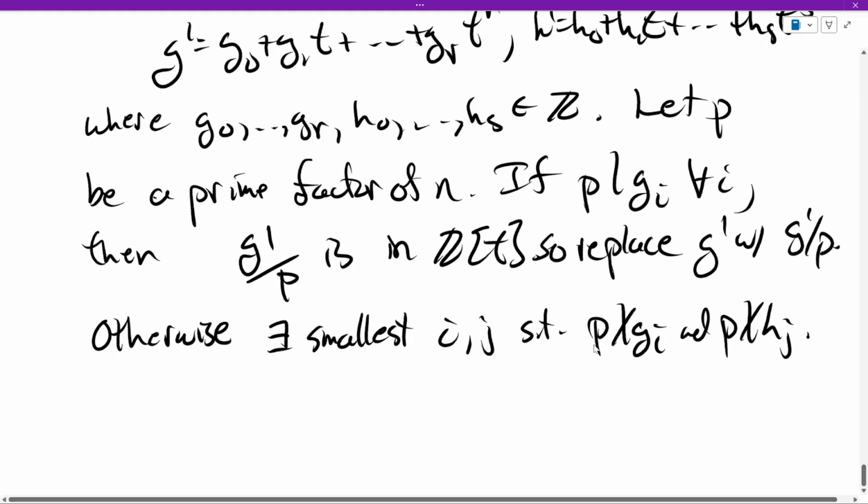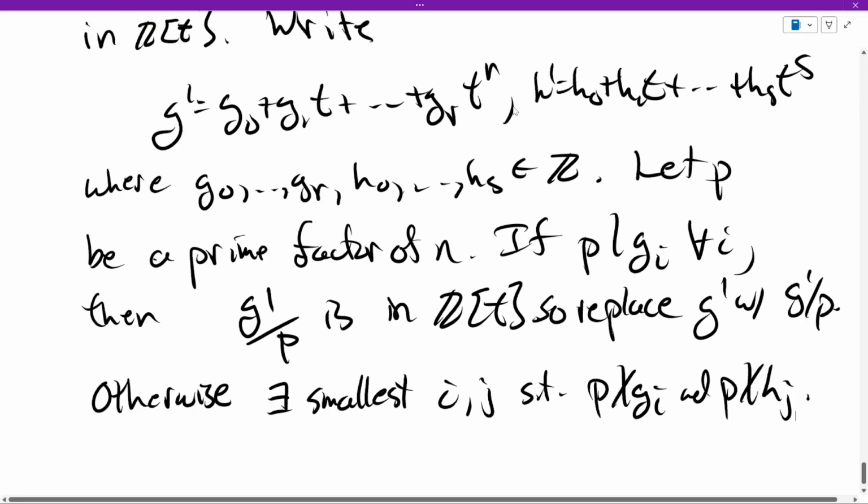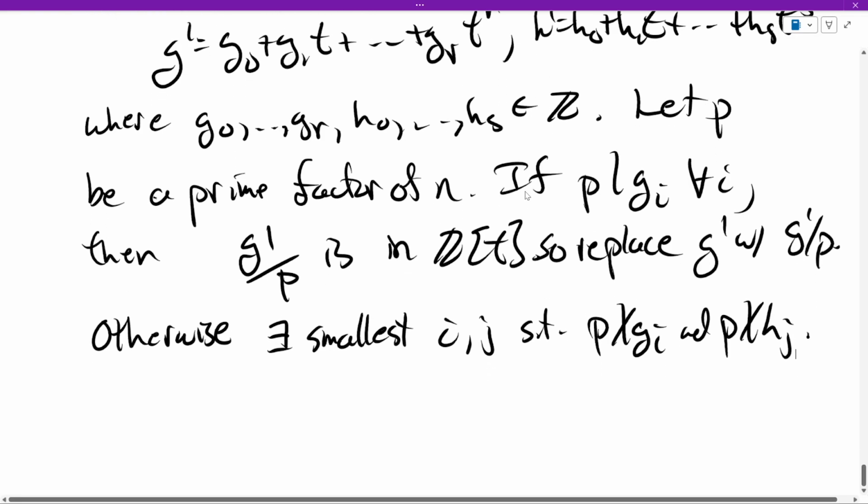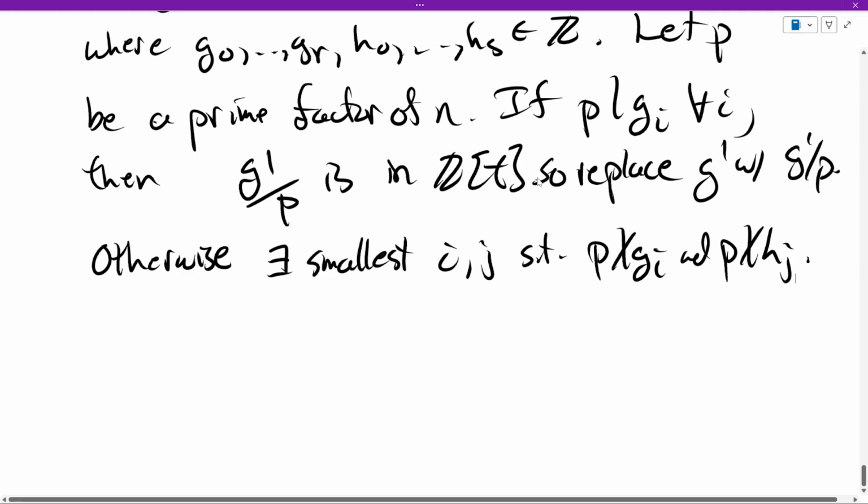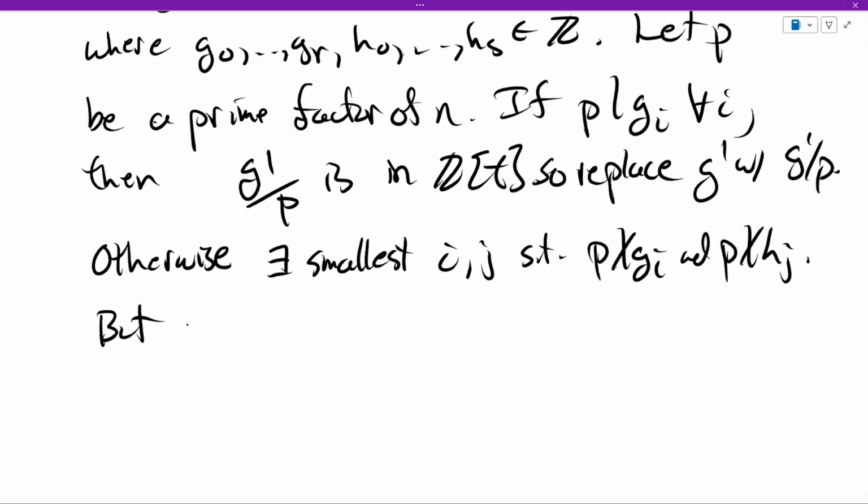Because if it divides all of them, then we can replace the corresponding polynomial with that over P.